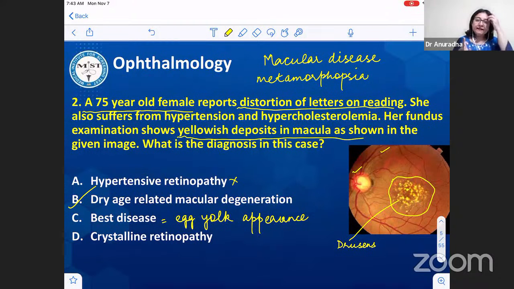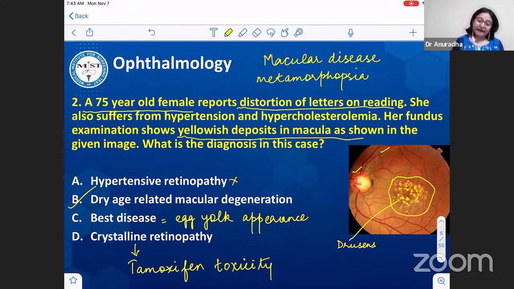This is not crystalline retinopathy because those are usually shiny crystals, and they are because of drug toxicity. Mostly which drug? Tamoxifen, friends. Tamoxifen toxicity is the one which leads to crystalline retinopathy. So do not confuse these drusen with crystalline retinopathy. I hope the diagnosis is very, very clear.